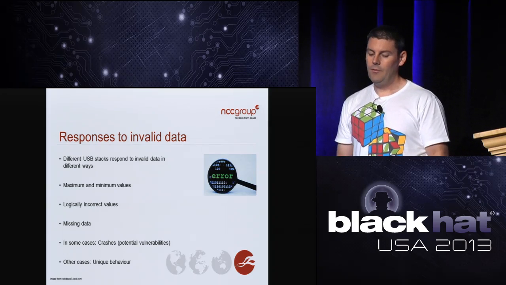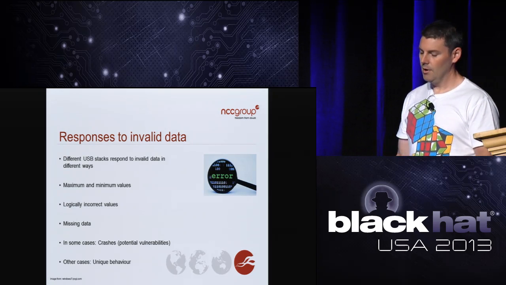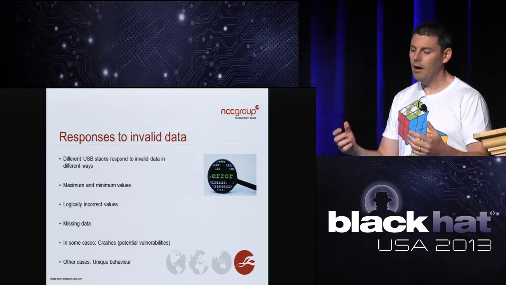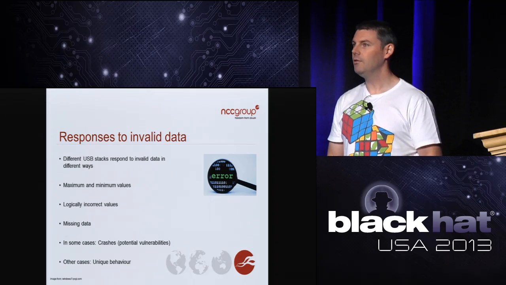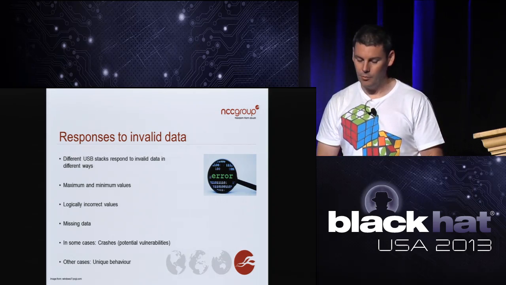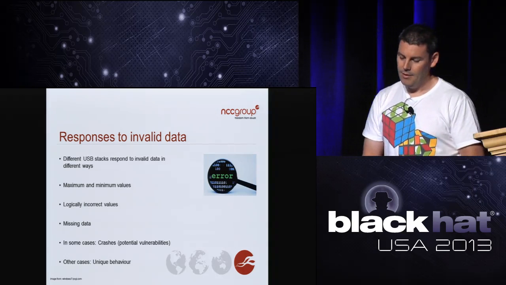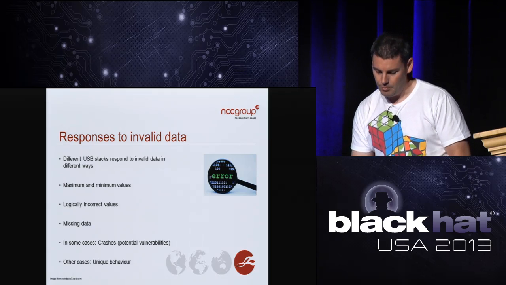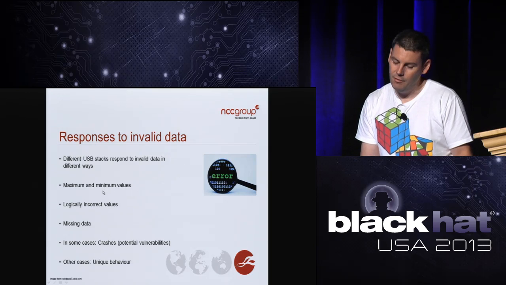Now, responses to invalid data can be used as part of our enumeration and fingerprinting, but also for fuzzing to try and identify bugs within the parsing of this data. What I've seen is different host implementations respond to invalid data in different ways.